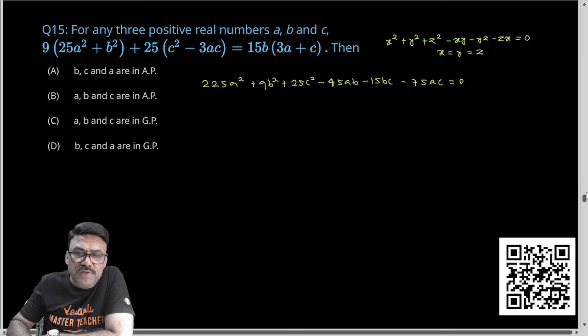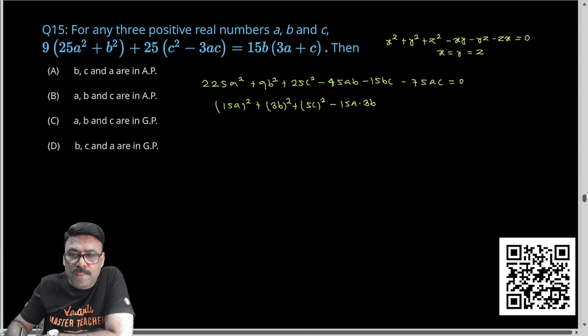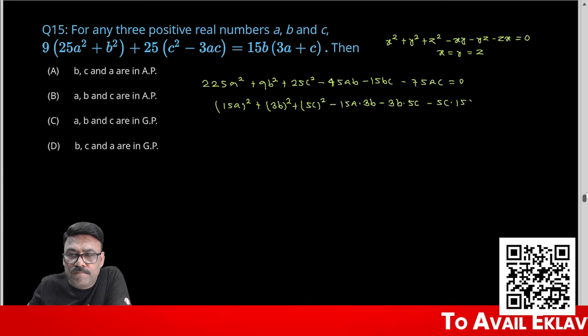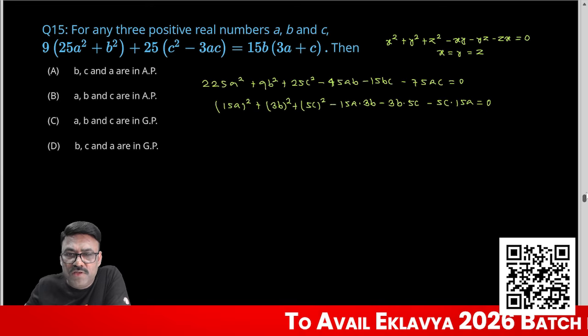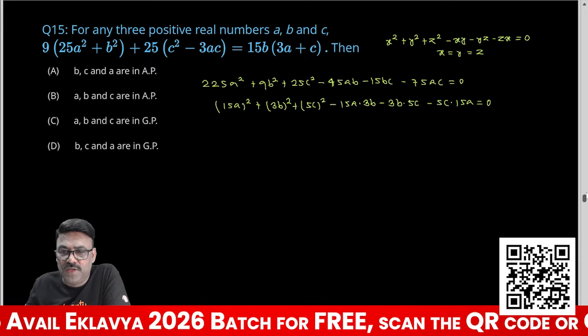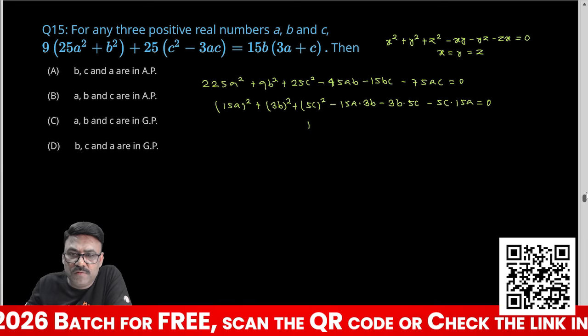And you can see that it can be written as 15a whole square, 9b is 3b whole square, then 5c whole square, then minus 15a into 3b, then 3b into 5c, then 5c into 15a. So now you can see it is basically x square plus y square plus z square minus xy minus yz minus zx equal to 0. And it is possible only when x is equal to y is equal to z.